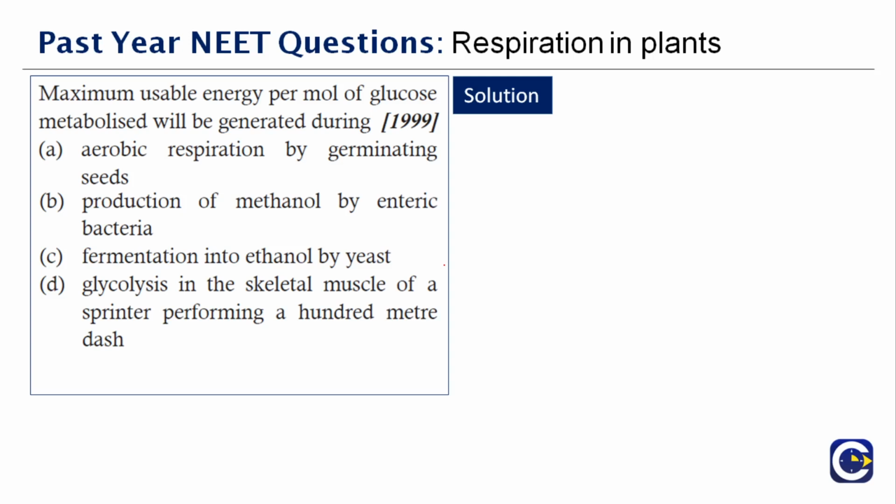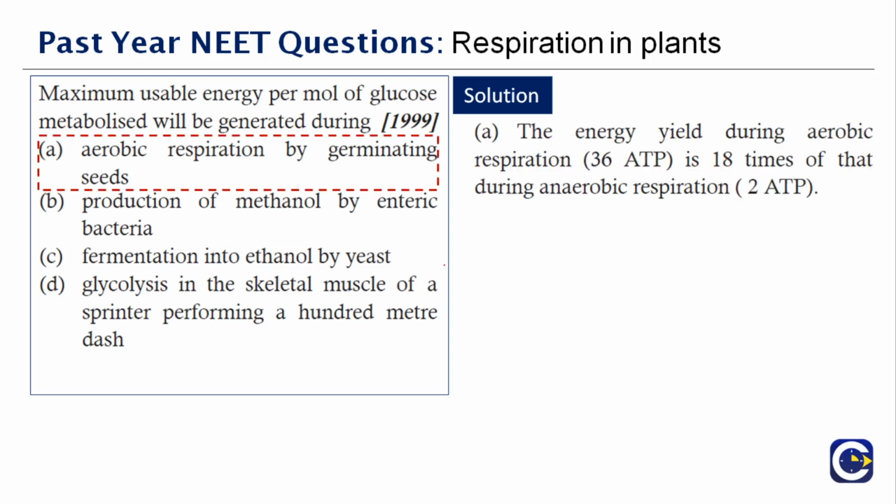Production of methanol, fermentation, all this will happen in the absence of oxygen, right? They are not aerobic respiration. Aerobic respiration is where glucose is involved and it will generate energy by metabolism. Therefore the correct answer to this question is option A.